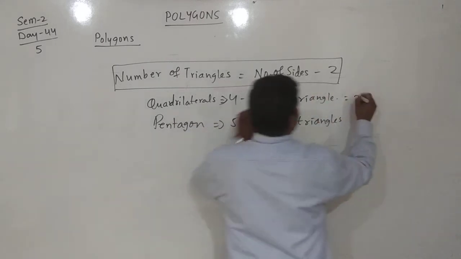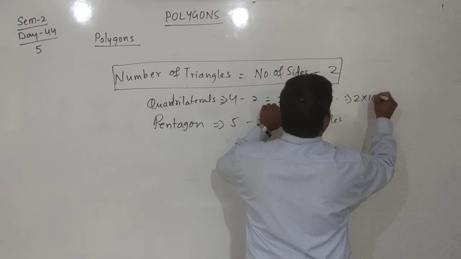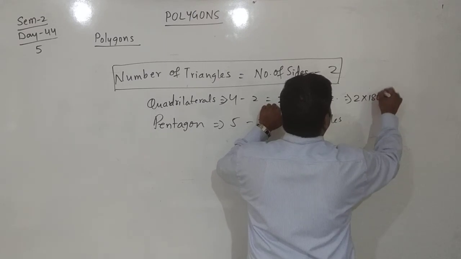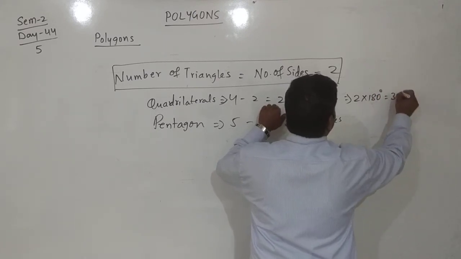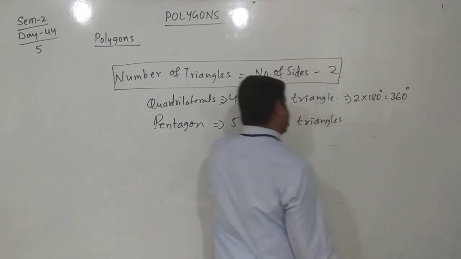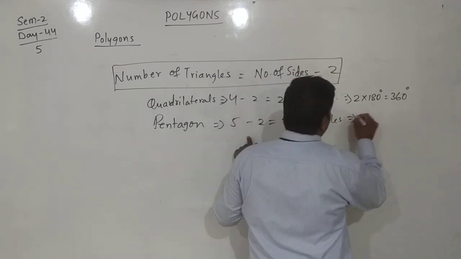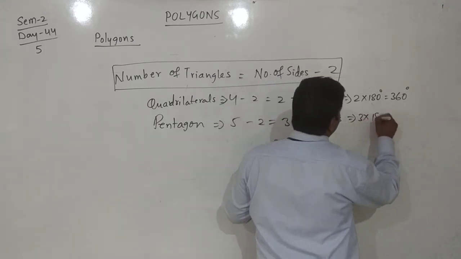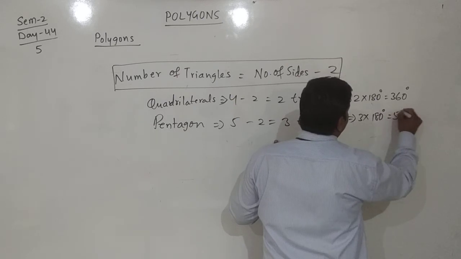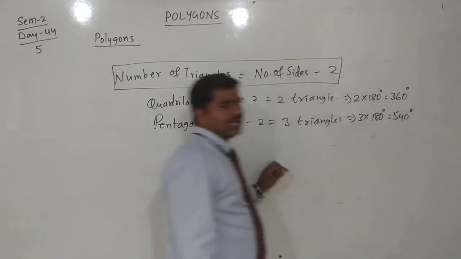It is 2 into 180 degrees, so the total angle inside is 360 degrees in quadrilaterals. And in the pentagon, 3 triangles into 180 is 540 degrees inside angle.